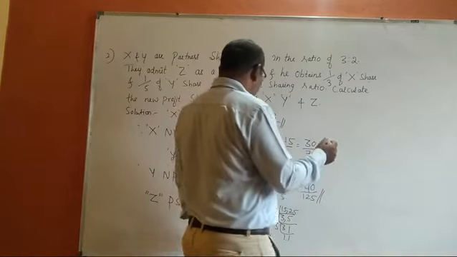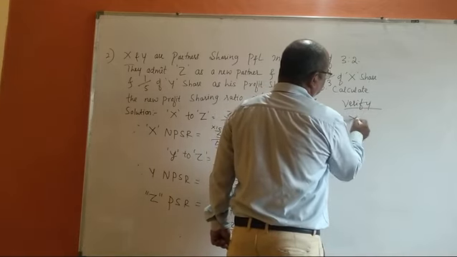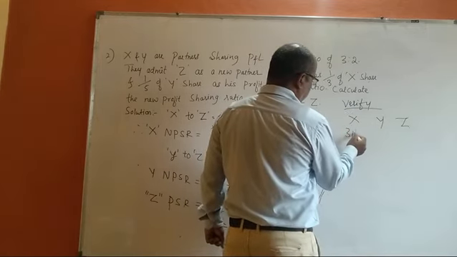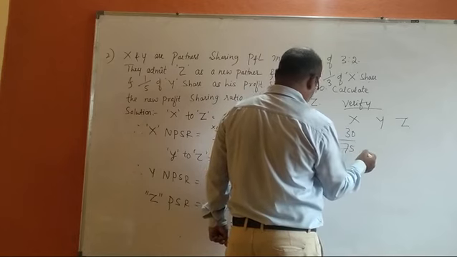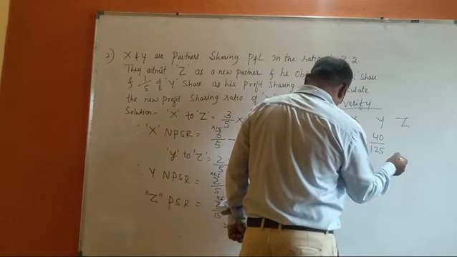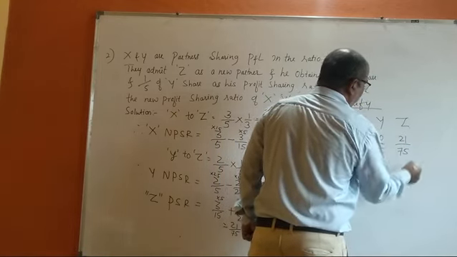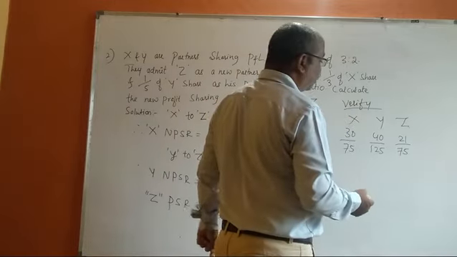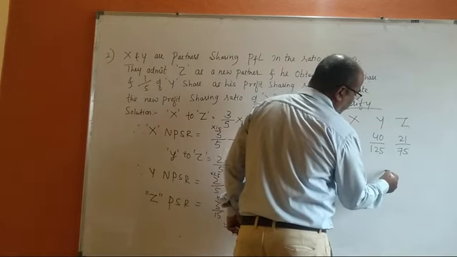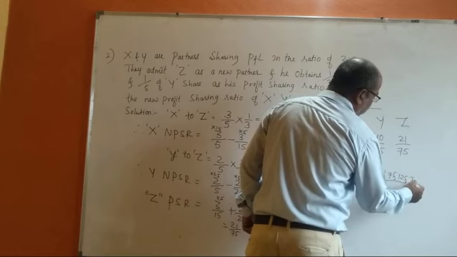So let us see now verification. Verify X, Y and Z: 30/75, 40/125 and 21/75. So we are supposed to calculate the LCM here because the denominators are not the same. 75, 125 and 75.